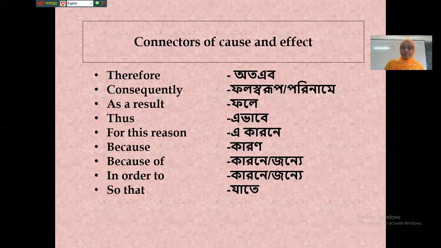Dear students, I want to say you should learn more and more connector words and their meanings, and then you can use them properly if you learn these words and their meanings.